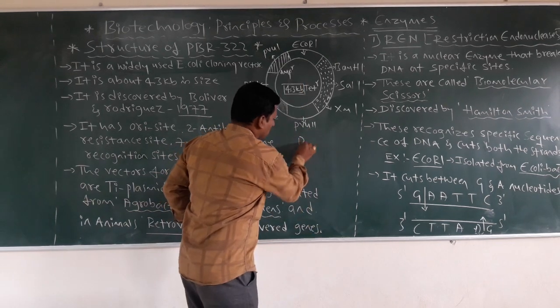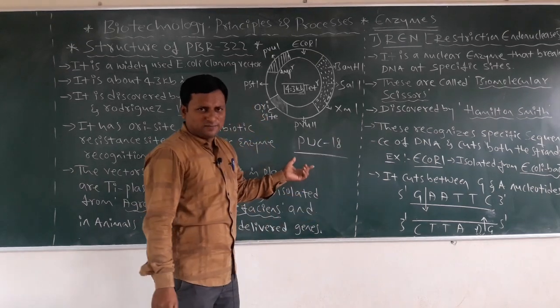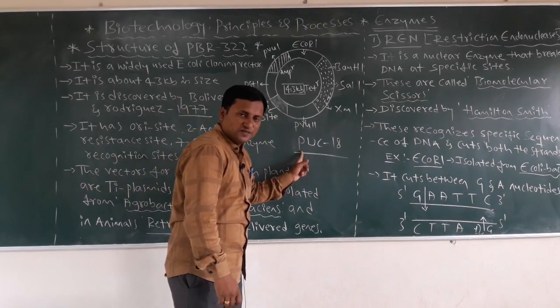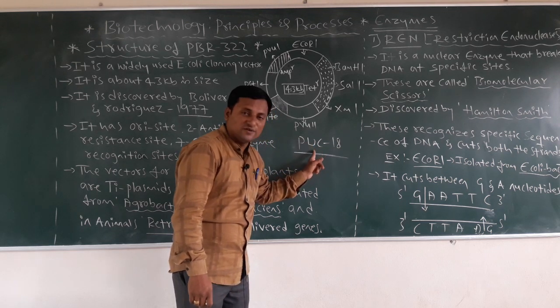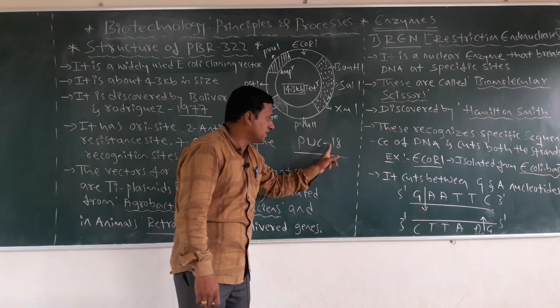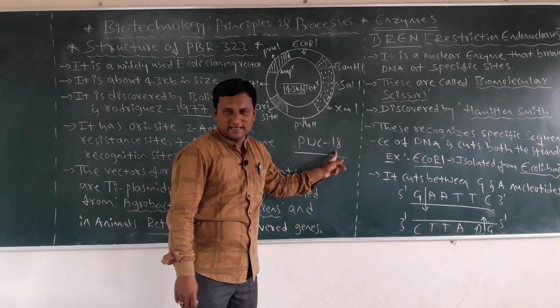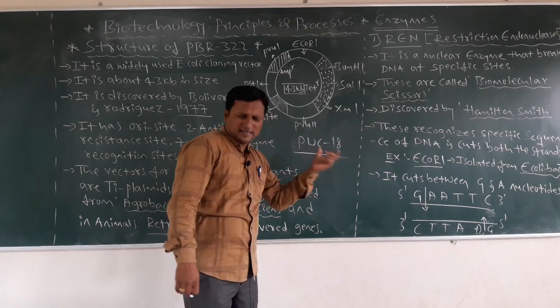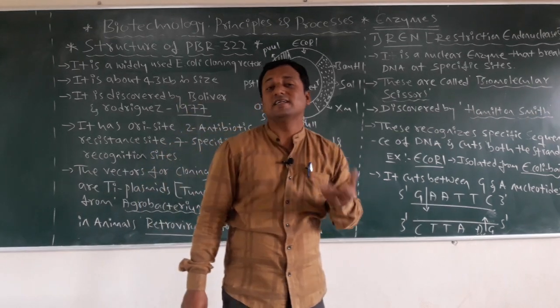Another one I am going to discuss with you is the type pUC18. What is that? pUC18 is nothing but the plasmid of University of California, with number 18, the strain number given. Just get the full form of this pUC, because sometimes it will be asked at NEET level.